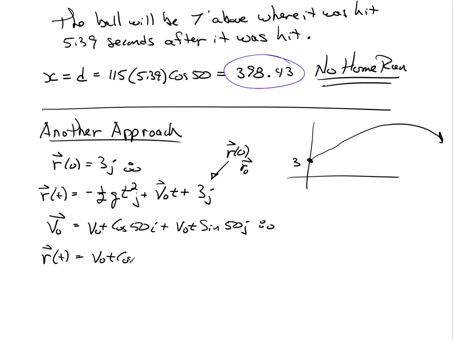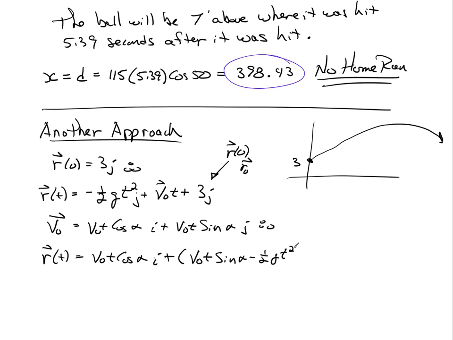I could have put this 115 in here for v naught, plus the quantity v naught t sine of 50j minus 1/2 gt squared. Rather than doing the 50 and 115, I'm going to stick with alphas for right now, and then we can put them back in. So I'm going to put an alpha right here: v naught t sine of alpha minus 1/2 gt squared.